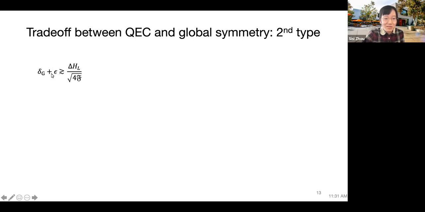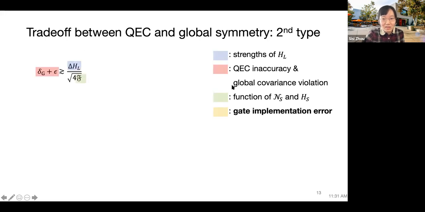Basically it's just delta plus epsilon is lower bounded by delta HL over 4 times the square root of 4 times F. And again, this red part is the part where we want to study the trade-off relations, and this green part is just functions of HS and NS, which is the noise and the Hamiltonian. And the gate implementation error is going to appear here.